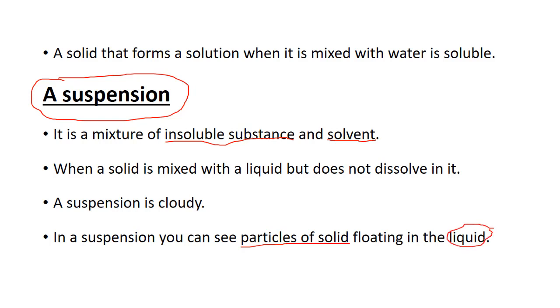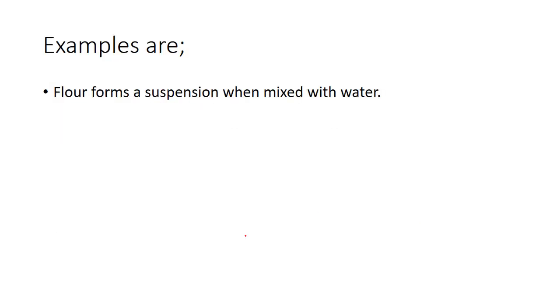In a suspension, you have two layers: a layer of solid particles and a layer of liquid particles. You can see the particles of solid, and you can also see the liquid. A good example is when you mix flour and water.